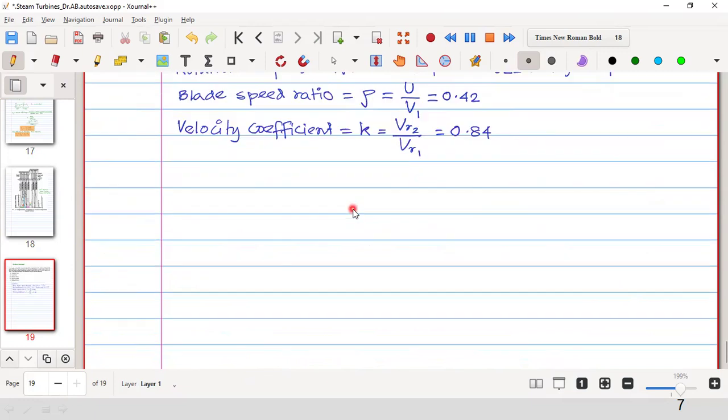So blade angle at the outlet is B2, equal to B1 minus 3 degrees, where B1, beta 1, is the blade angle at the inlet.